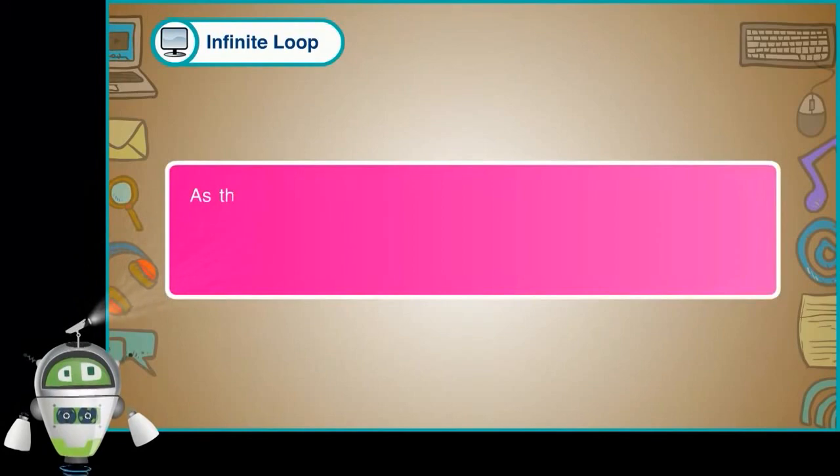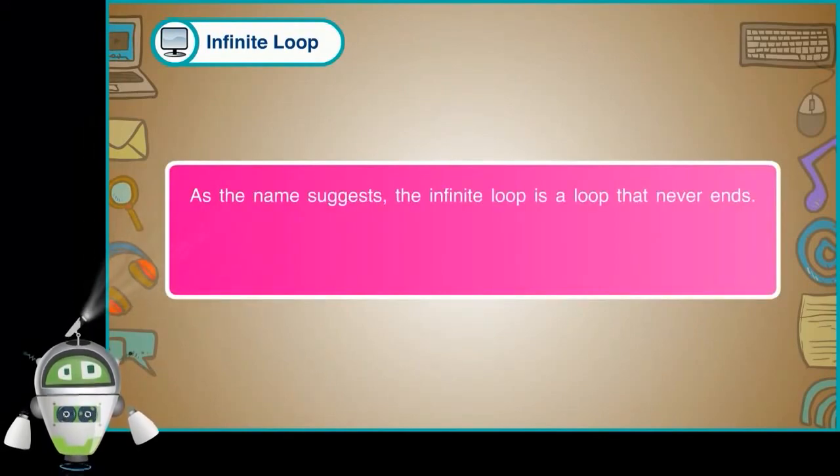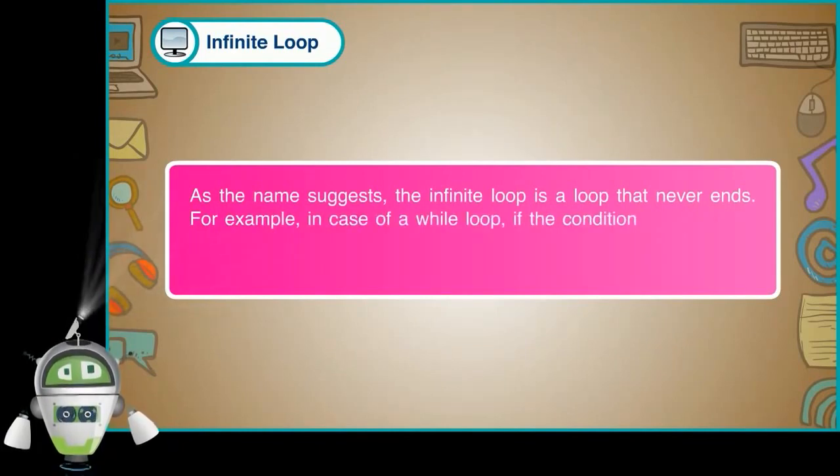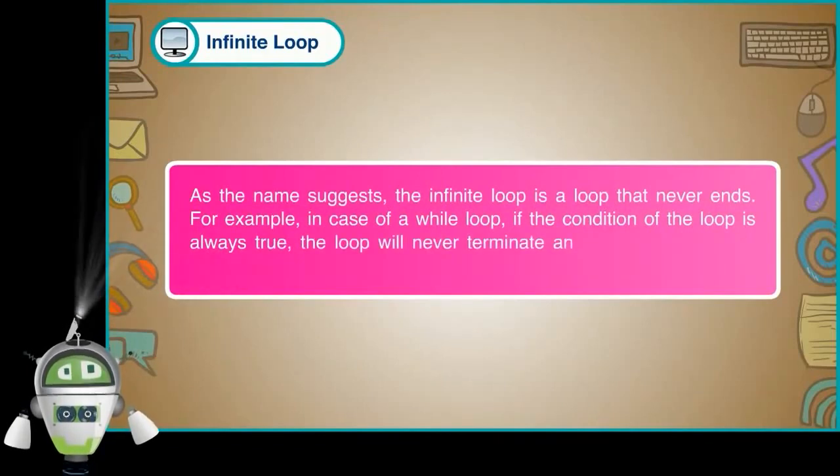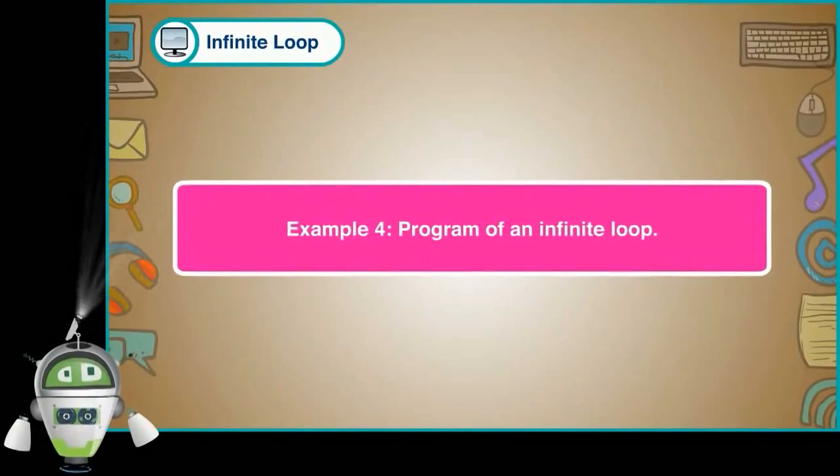Infinite loop. As the name suggests, the infinite loop is a loop that never ends. For example, in case of a while loop, if the condition of the loop is always true, the loop will never terminate and will continue to run forever. Example 4.